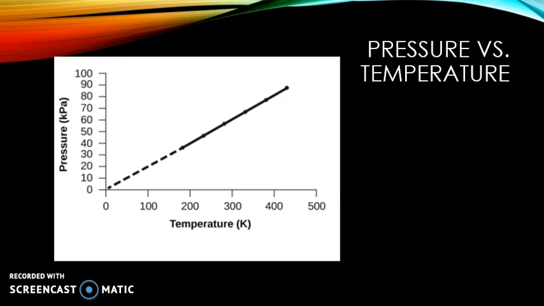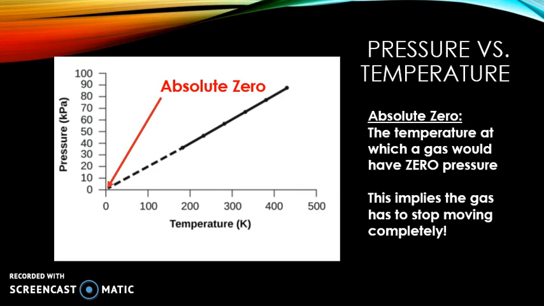Now what that implies is that the temperature at which you would have absolutely zero pressure is 0 on the Kelvin scale, that's a very special temperature. It is known as absolute zero. And for this set of experiments, we're going to define that as the temperature at which a gas has absolutely 0 pressure.